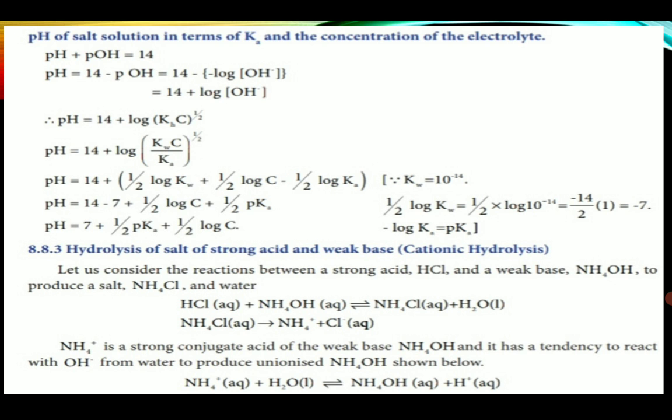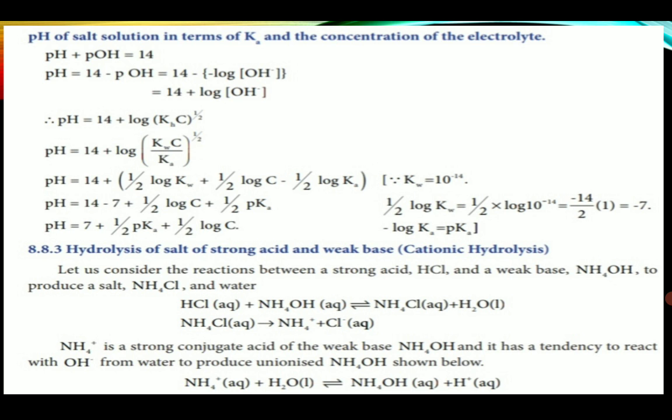Therefore the next equation becomes pH is equal to 14 minus half log Kw, which becomes minus 7, plus half log C plus half pKa. So pH is equal to 7 plus half pKa plus half log C.